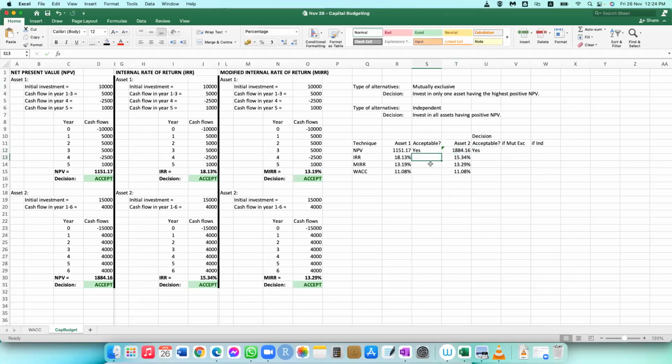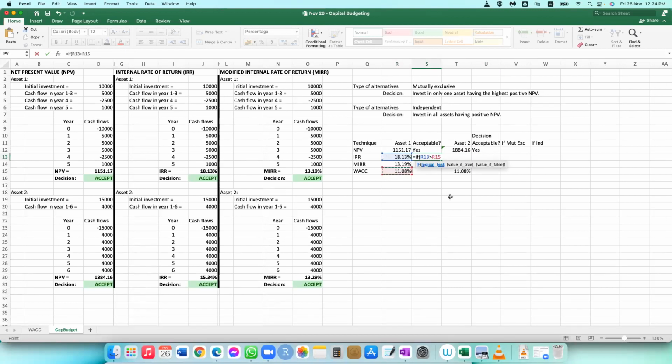Now in this case, it is equals to if this one is greater than which one? This one. Weighted average cost of capital, then yes. Otherwise, no. You can have your own style. There are an infinite number of ways of playing around. And MIRR also same thing, but should not blindly copy.